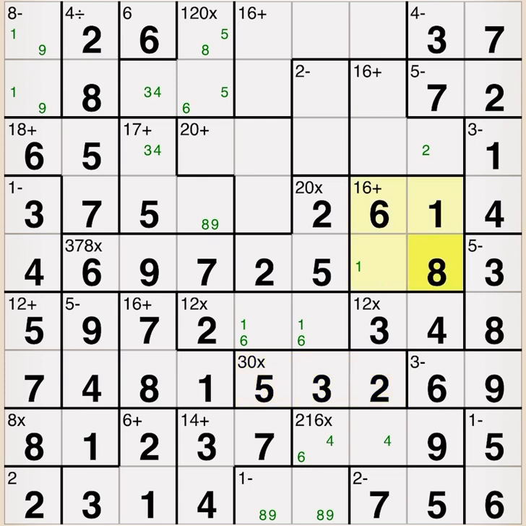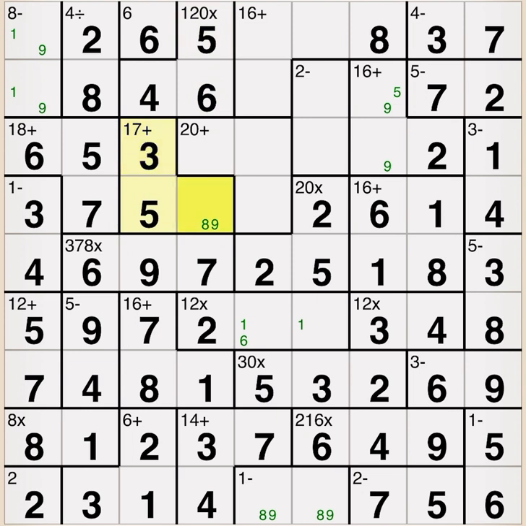Got an 8 and a 1 and a 2 and a 4 and a 6. What is that? We need 14. 5, 9 will give us 14. So that's 8, 5, 6, 4, 3. That has to be 9.